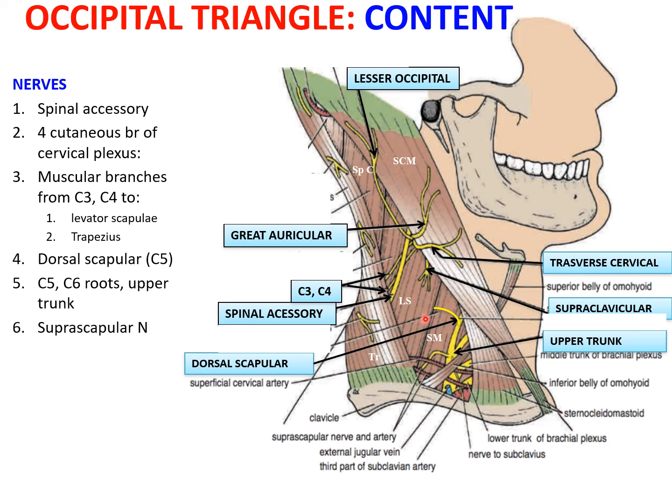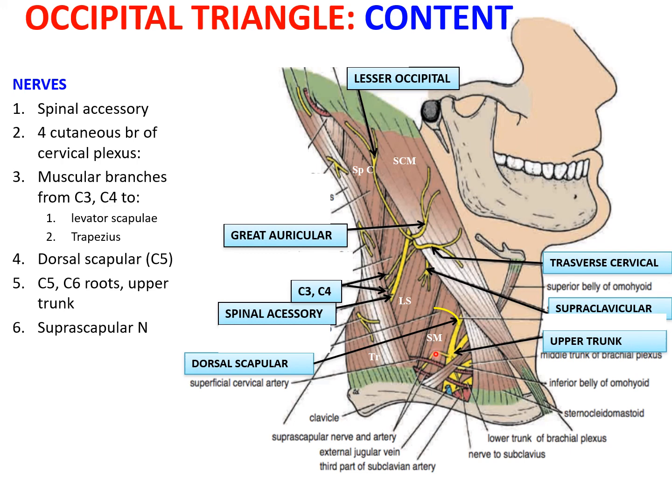Then you will also notice the C5, C6 roots and the upper trunk of the brachial plexus in the occipital triangle. The other two trunks are seen in the supraclavicular triangle. Apart from that, another branch of the upper trunk, that is the suprascapular nerve, is also seen in the occipital triangle.